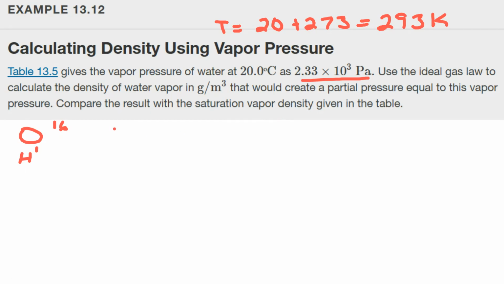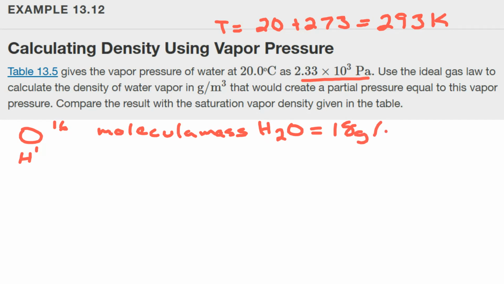So then your total molar mass, or molecular mass, I'm sorry, for H2O is equal to 18 grams per mole, right? So I'm trying to write stuff down, and I'm saying things.